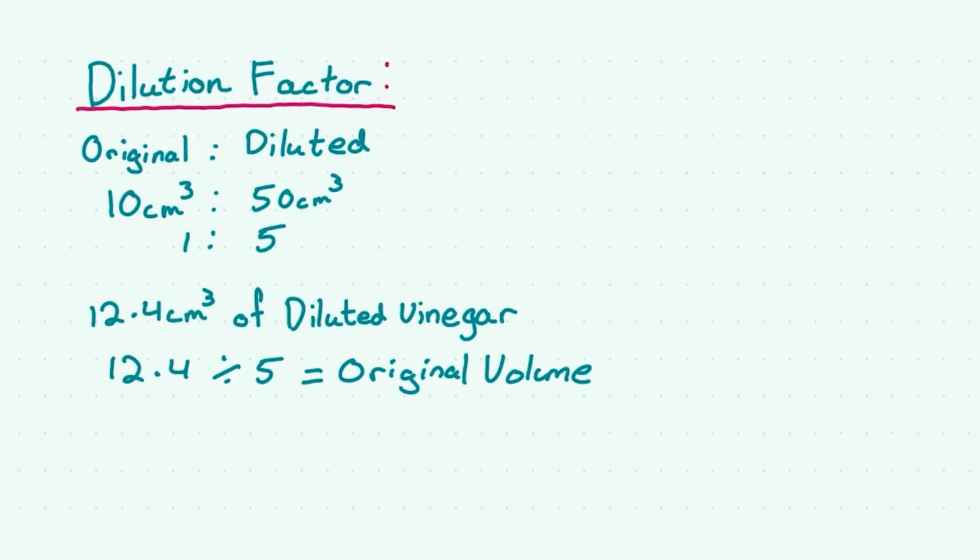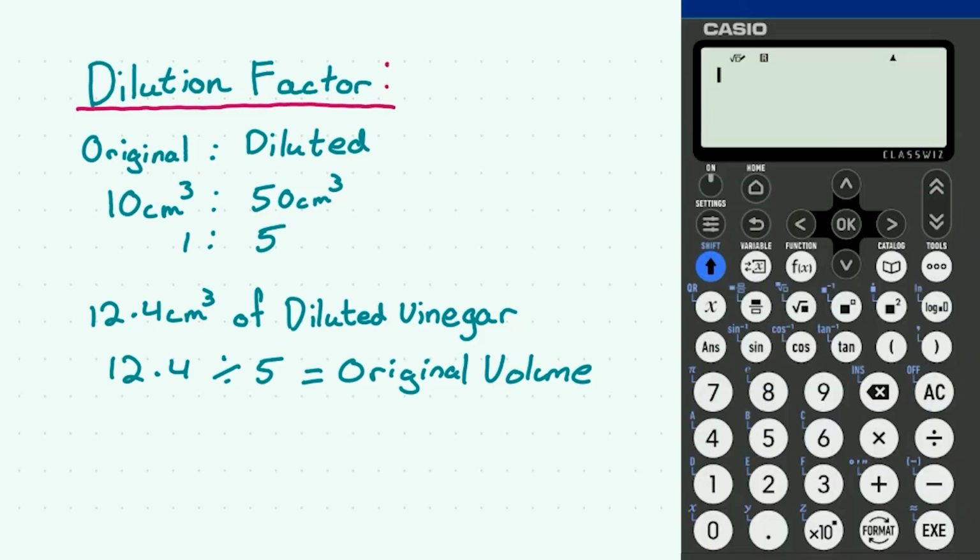It's no different to the case of the 50 centimeters cubed to the 10 centimeters cubed, that ratio. If you divide 50 centimeters cubed by 5, you'll get the 10. So in our case, if you divide the 12.4 centimeters cubed by 5, you'll get our volume of original vinegar. So now to calculate this, you just throw it into your calculator. 12.4 divided by 5.